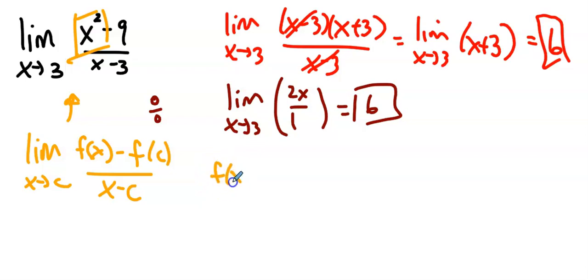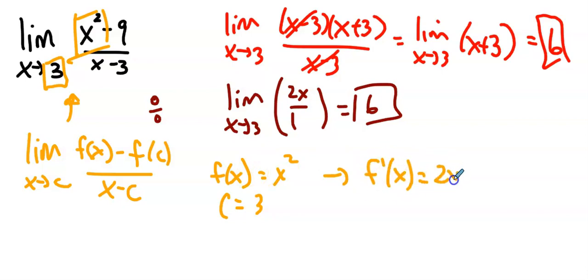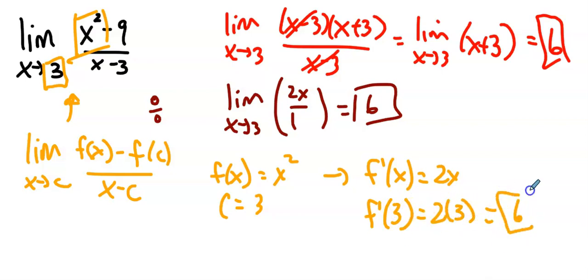My function is x squared. The value I'm looking for, the c, is 3. Once I take the derivative, f prime of x is equal to 2x. And I plug in f prime of 3, I get 6. So 3 ways to do one problem.